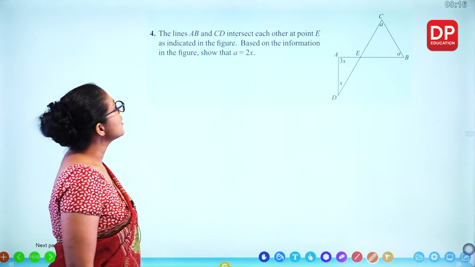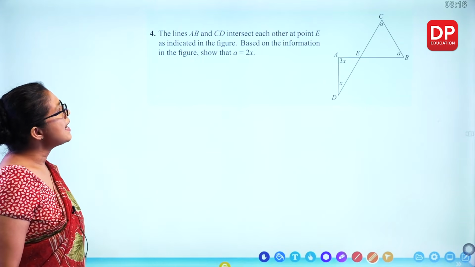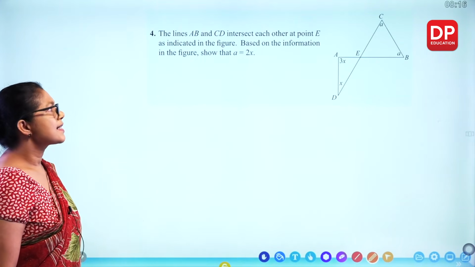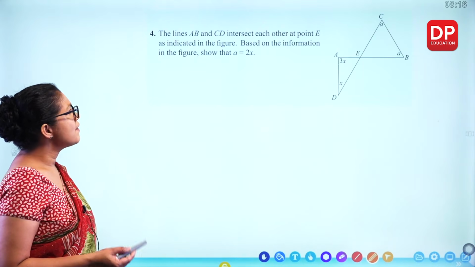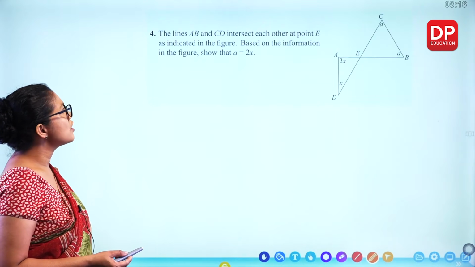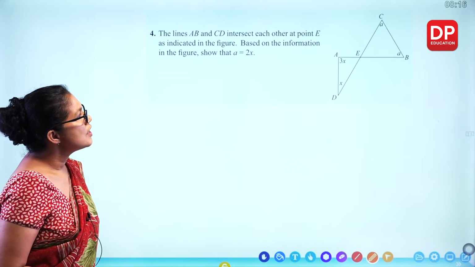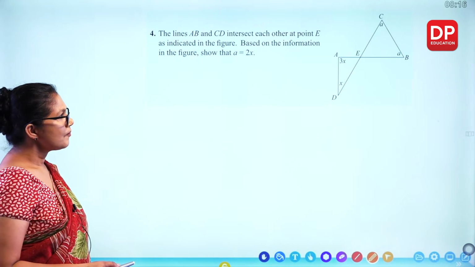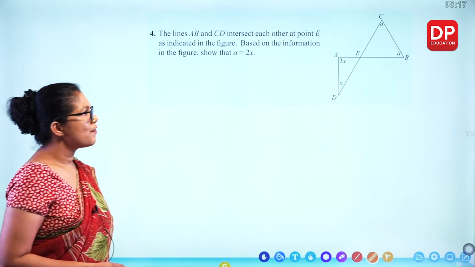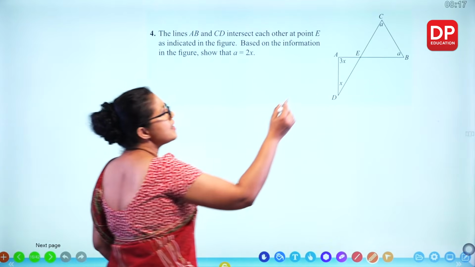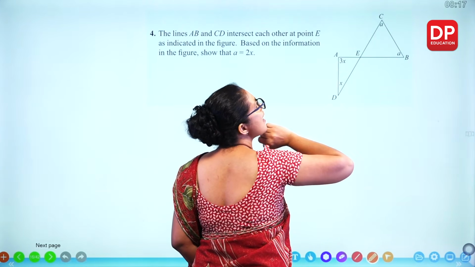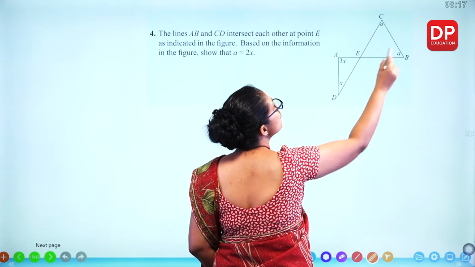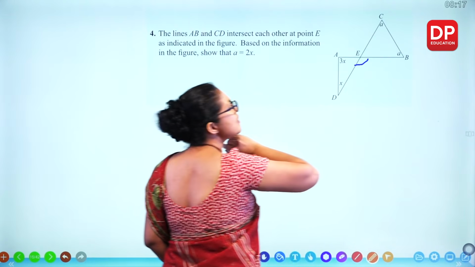We'll look at the fourth question. The lines AB and CD intersect each other at the point E indicated in the figure. Based on the information in the figure, show that A equals 2x. Okay, so we'll try to find out. According to these two angles, I can write these two angles add up to this one.